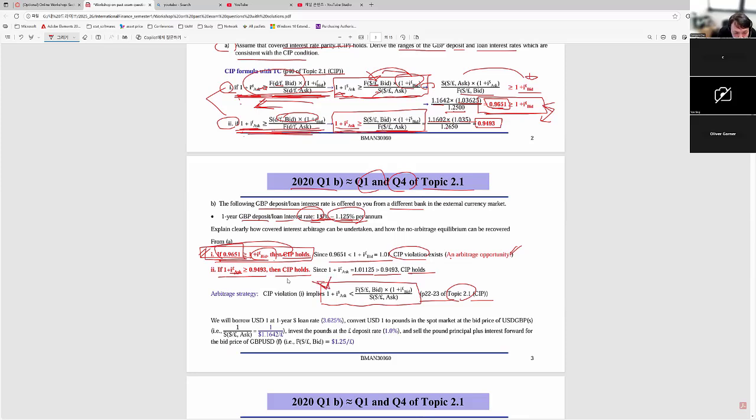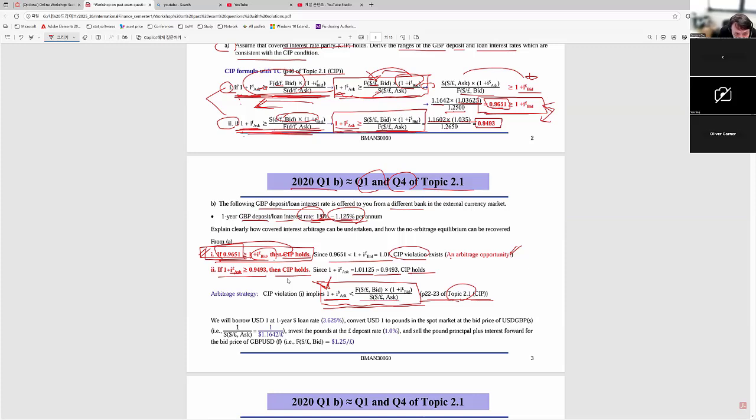If you go back to pages 22 and 23, you will find how to exploit these violations. What you have here is the one where you borrow dollars today. This is what you have to pay back after 1 year.